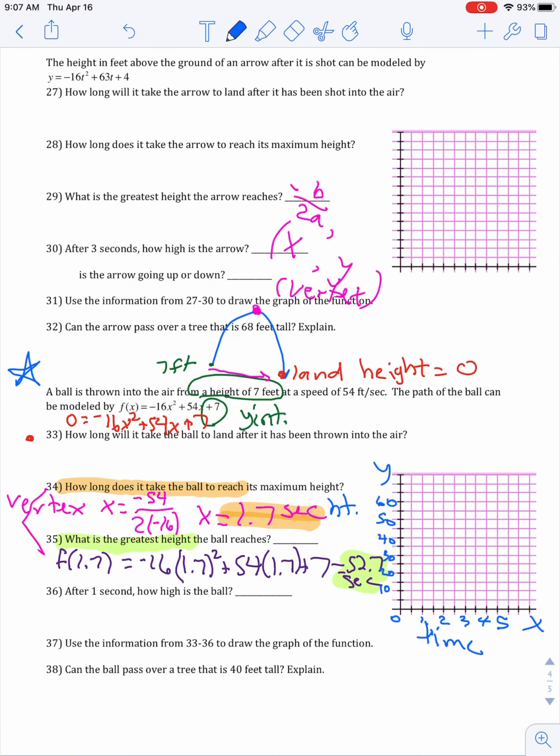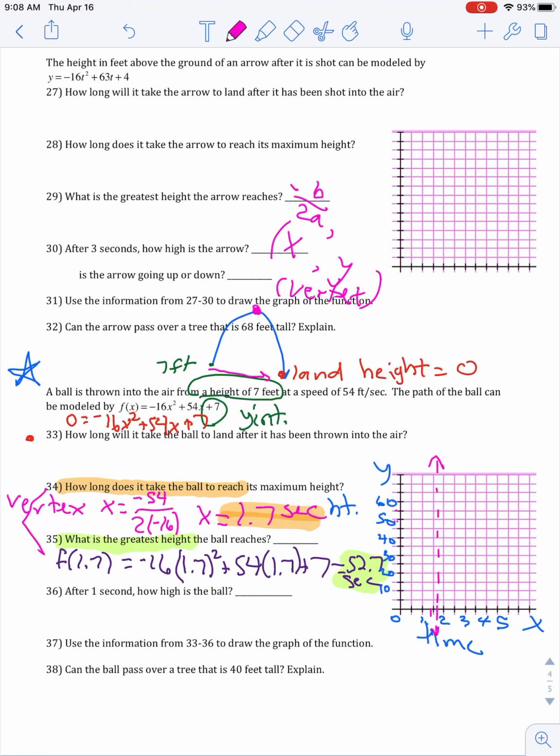All right, so let's graph that vertex. Here's 1.5 right here, and 1.75 would be exactly in between 1.5 and 2. So I'm going to estimate right in between there as best I can. There's my axis of symmetry, and my vertex is at 1.7. It's on that line, and then 52.7.